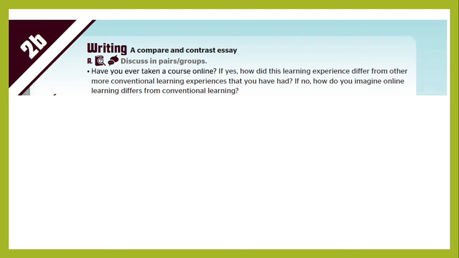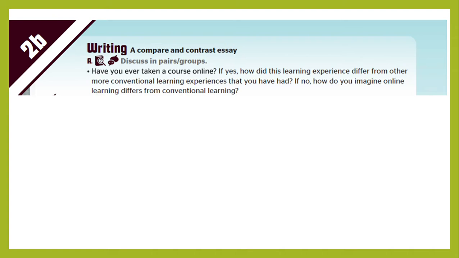Now, you can pause your video and start thinking about your own answer, but please pay attention when you want to answer a question like this one. Now, we make a comparison between online learning and conventional learning. It means you have to know the differences and similarities between these two topics.